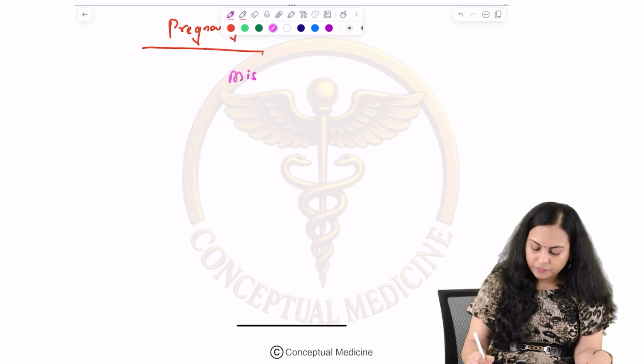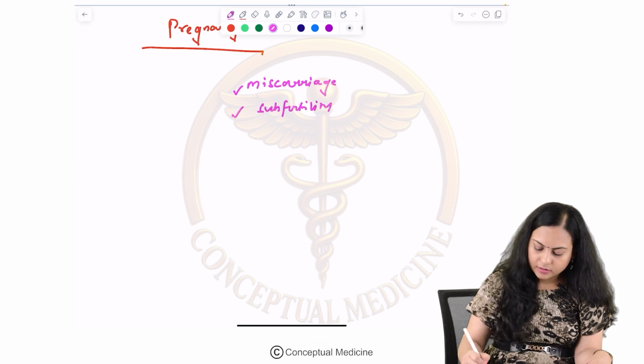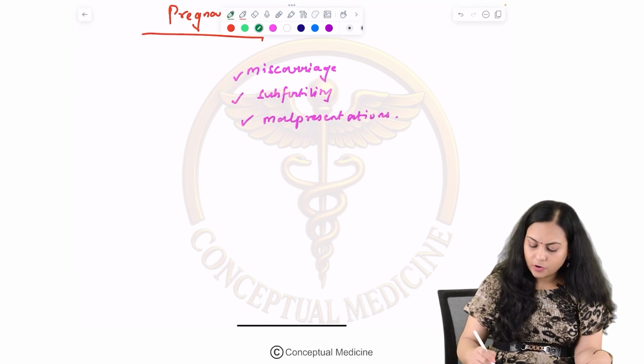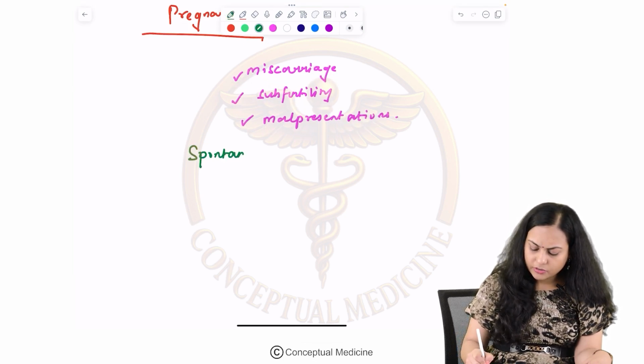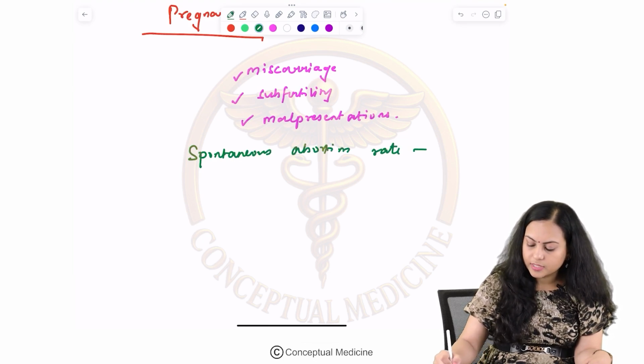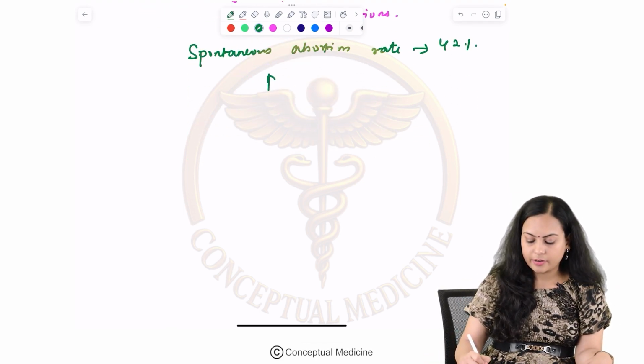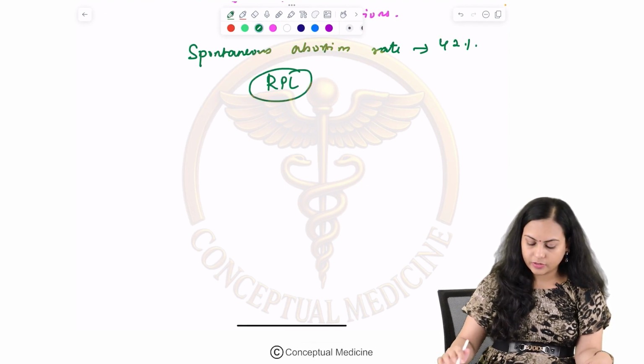There is an association with miscarriage, subfertility, and malpresentations, and there is a spontaneous abortion rate of around 42%. This is one of the most common anomalies that you will see with recurrent pregnancy loss as well.